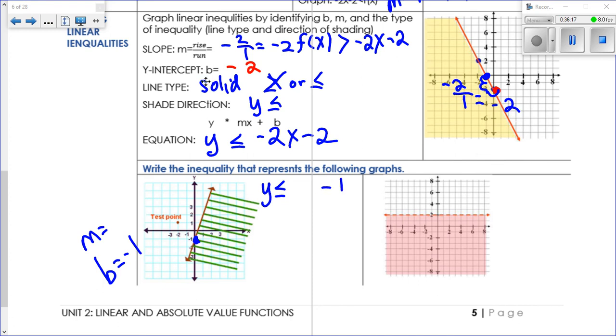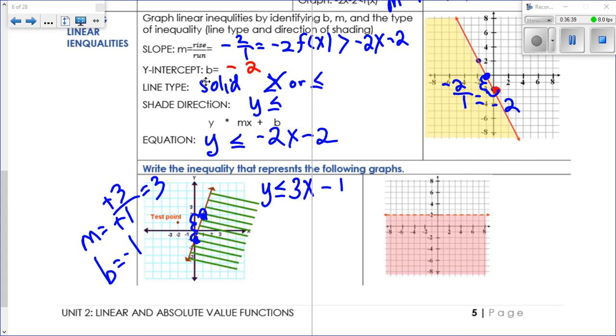My slope, picking another good point, looks like I go up 1, 2, 3. So up 3, so 3 over 1 equals 3. So I have y is less than or equal to 3x minus 1.